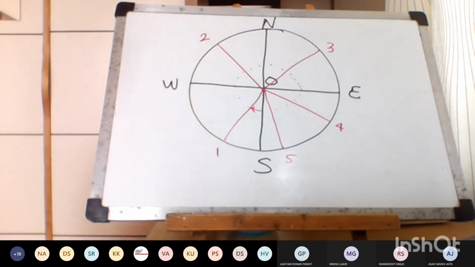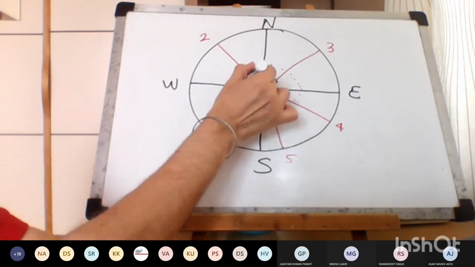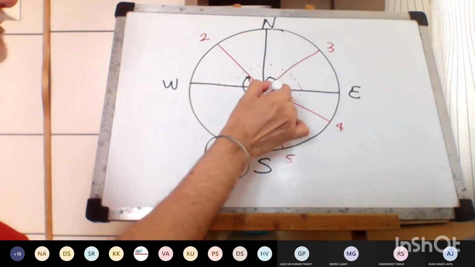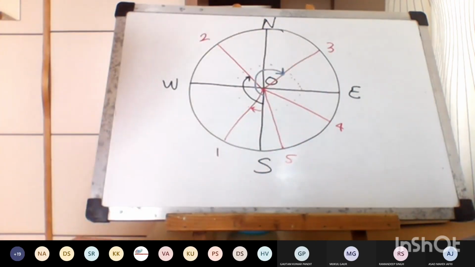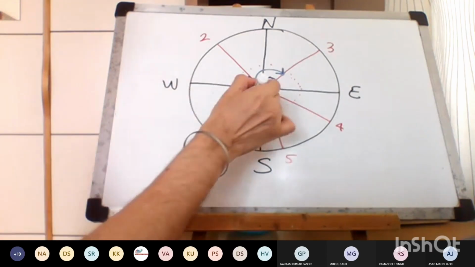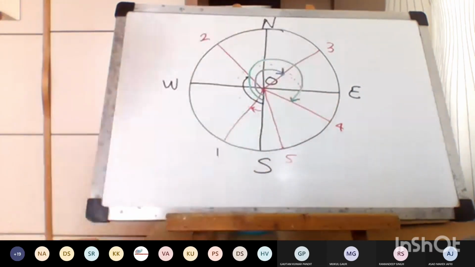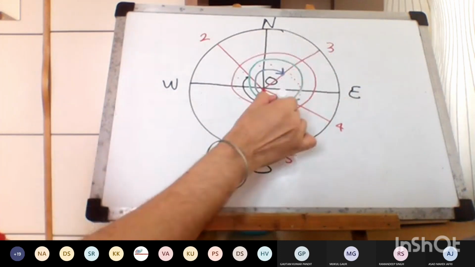For position number 2, this is the local hour angle. For position number 3, this is the local hour angle. And for position number 4, this is the LHA. And for position number 5, this is the LHA.